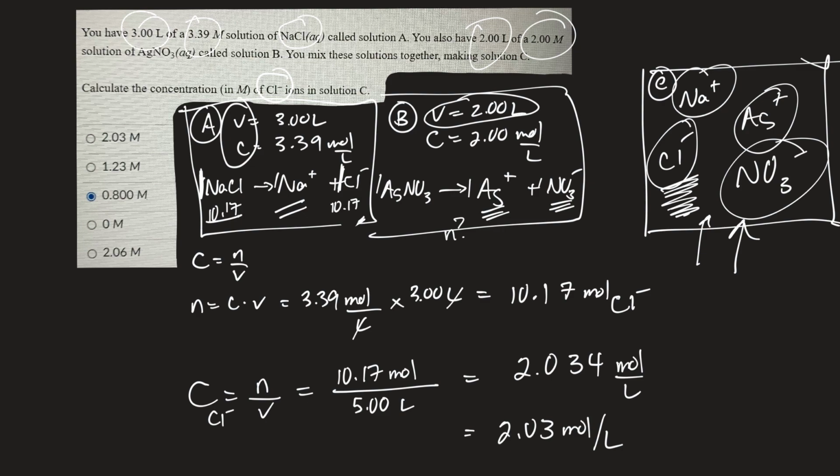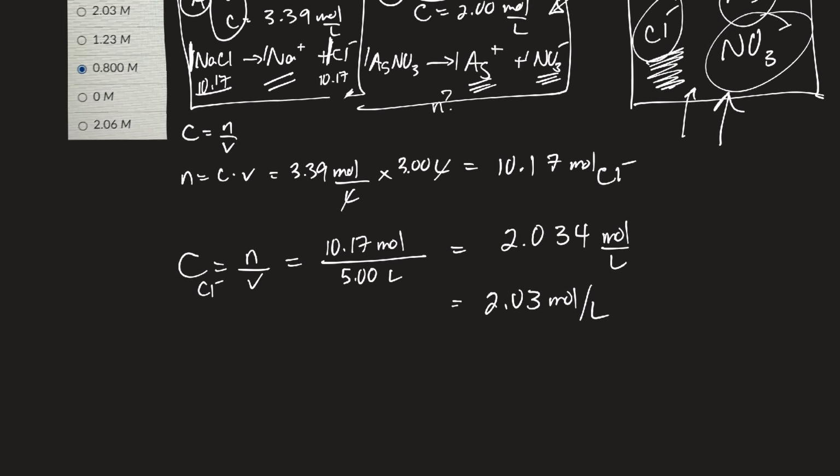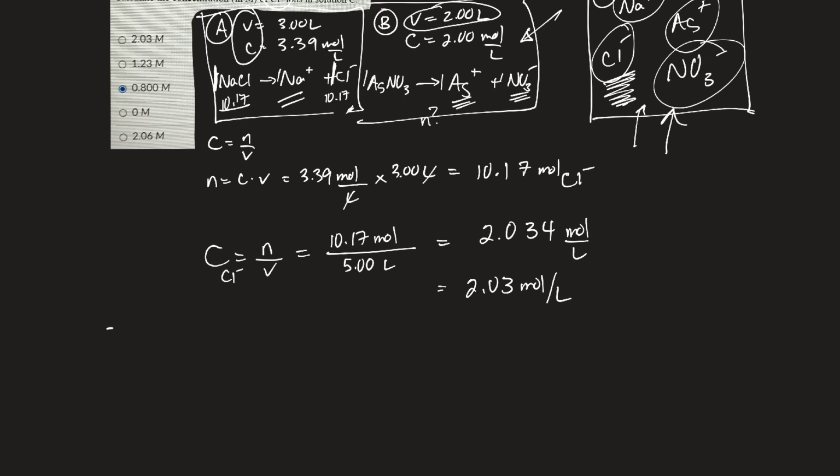Now notice I didn't have to do anything with moles on this side. Let's do a different question. If the question would have said, calculate the concentration of, say, nitrate ions in the solution, then I'd have to know how many moles of nitrate I have.